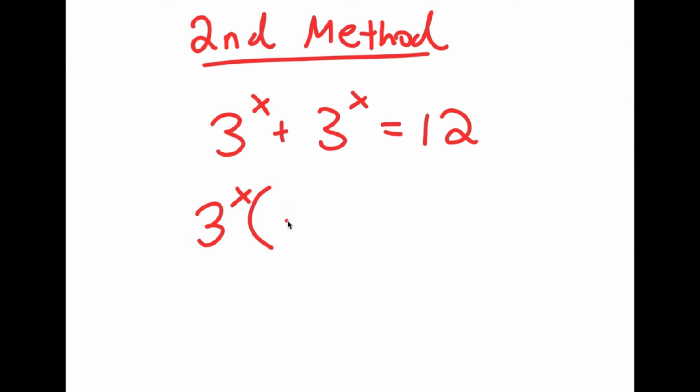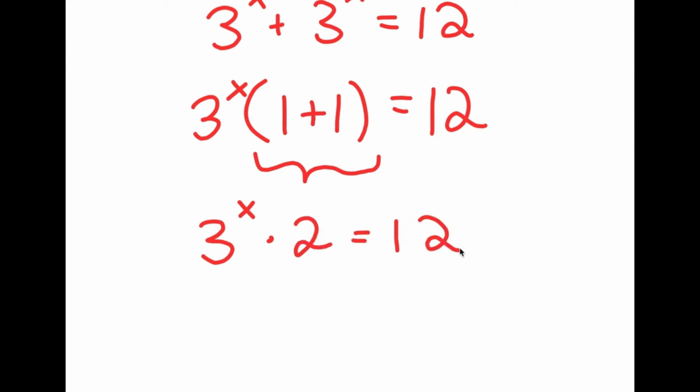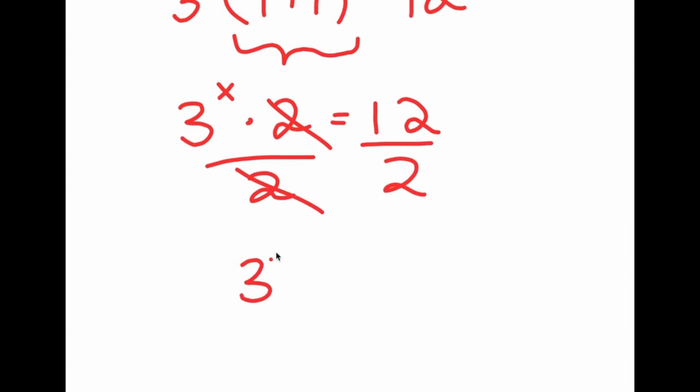So I get 3 to the power of x times 1 plus 1 is equal to 12. Now, again, I'm going to solve what's in my parentheses. 1 plus 1 is 2. So I get 3 to the power of x times 2 is equal to 12. And again, I'm going to divide both sides by 2. So I get 3 to the power of x is equal to 6.